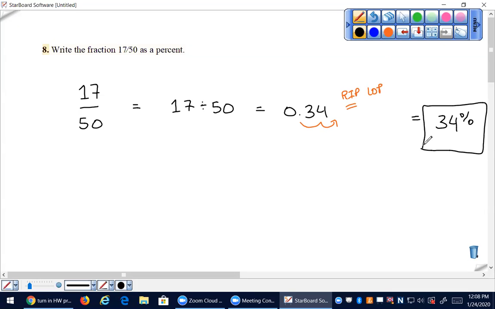And that's great because if you have a calculator, which in real life you always have on your phone, then 17 over 50 isn't a bad thing at all. The calculator handles this first step for you, or the second step.